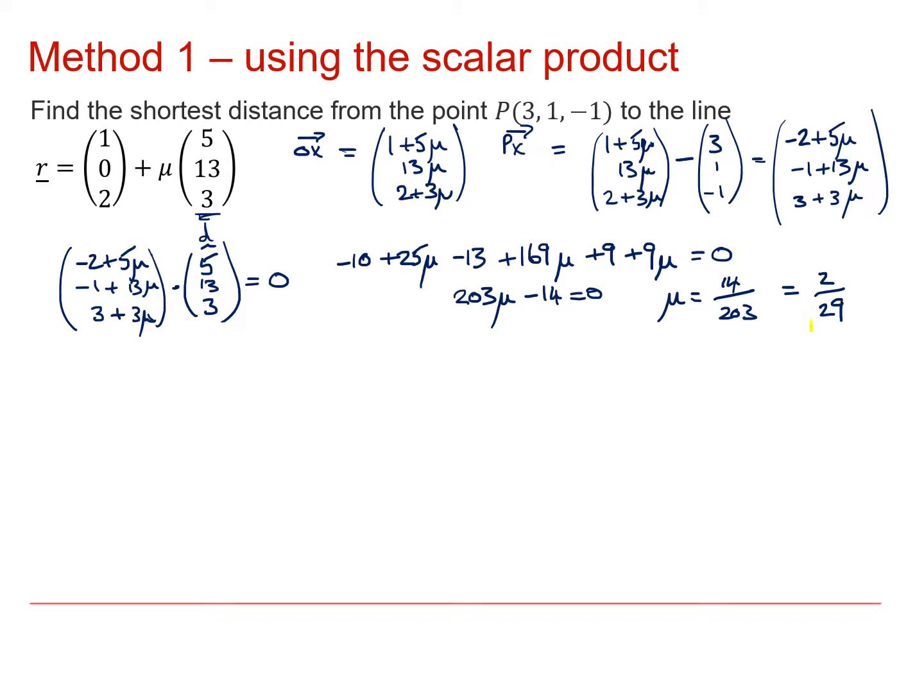So the next stage in the technique is to take this value for mu and plug it into this expression for PX. So I get a particular value for PX, which is the vector which is perpendicular to the direction of the line. So my PX will become (minus 2 plus 10 over 29, minus 1 plus 26 over 29, and 3 plus 6 over 29).